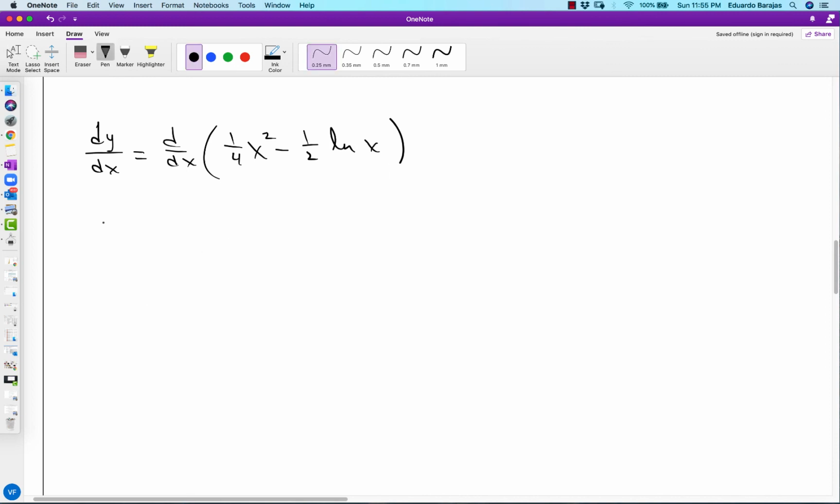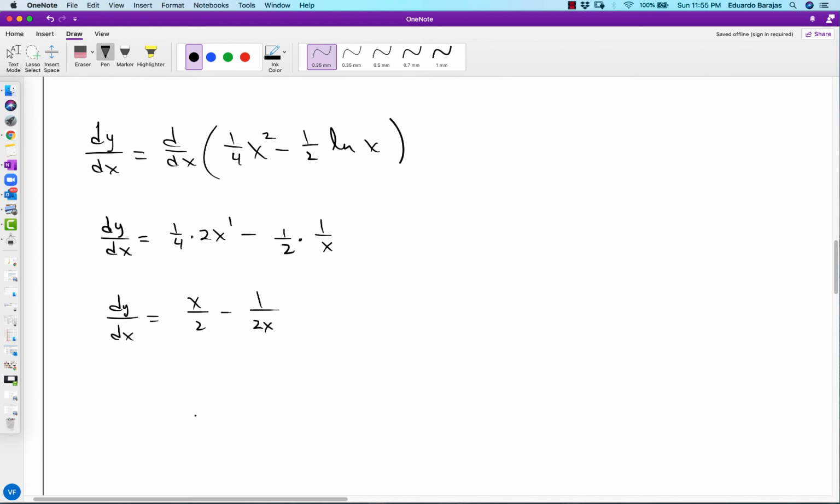So now this derivative, dy dx, is going to be equal to 1/4 times 2x to the first power minus 1/2 times 1 over x, which then reduces. dy dx then becomes x over 2 minus 1 over 2x. Okay, so that's our derivative.